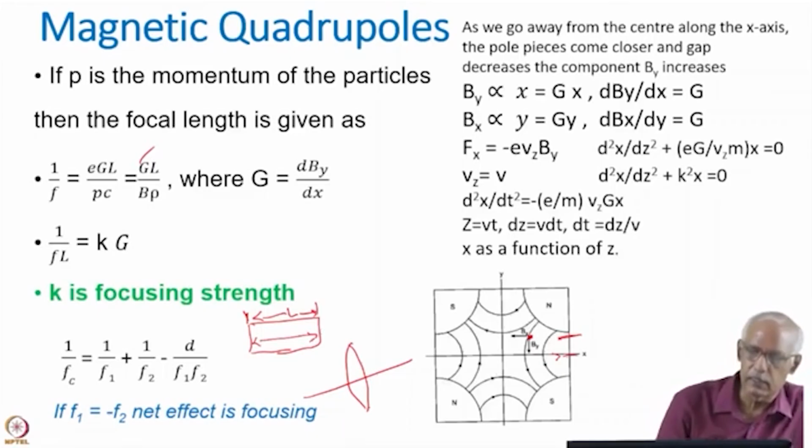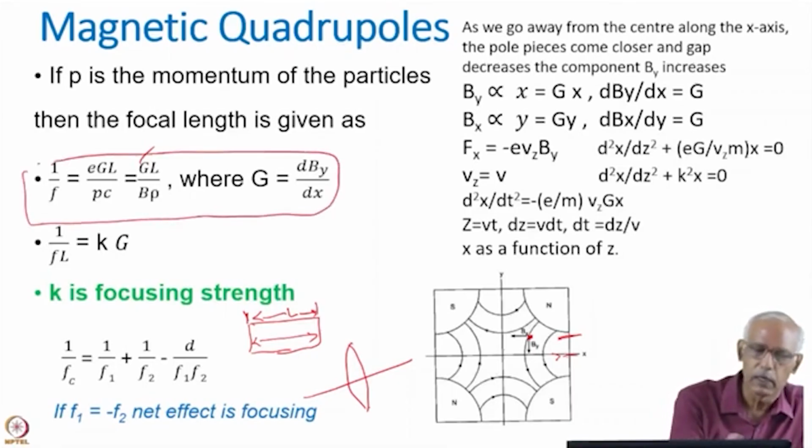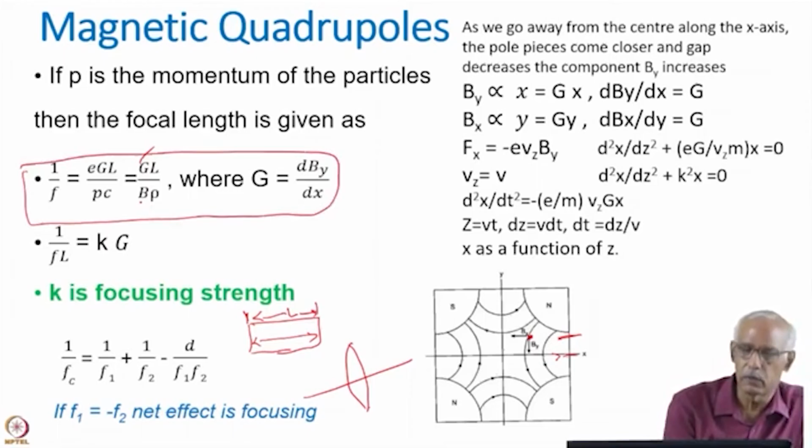So if L is the thickness of the lens, then you can write the focal length here, and that is a function of velocity, magnetic field, rho, which is the radius of curvature, the length or thickness of the quadrupole, and this g factor.